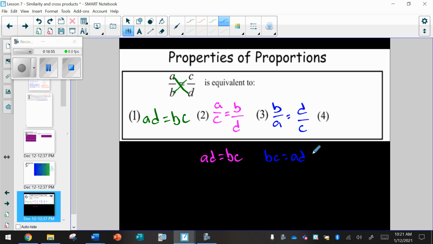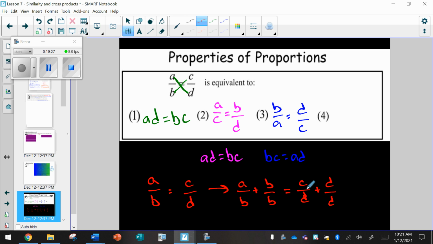Here's the weird one. If you take the original proportion and add 1 to each side, so if I take A over B and add 1 in the form of B over B, and then take the other side of my proportion, add 1. Think about this mathematically. If you have two equal values and you add 1 to both sides, they are still equal.